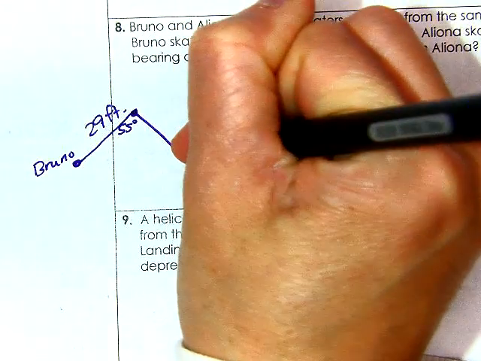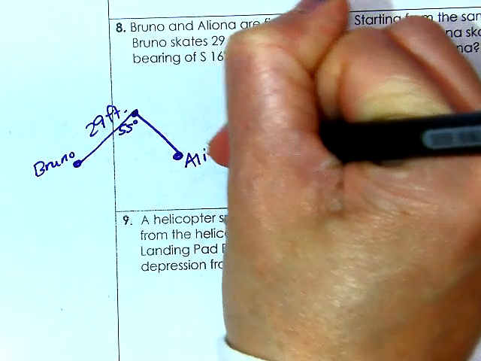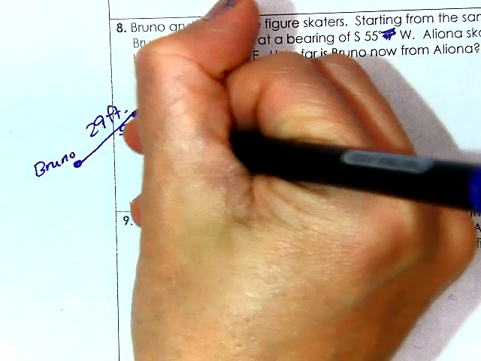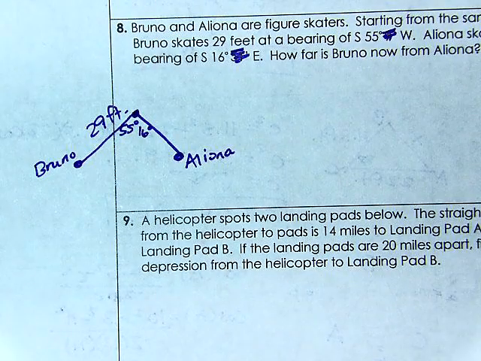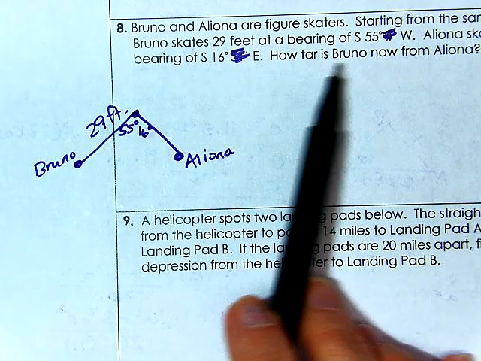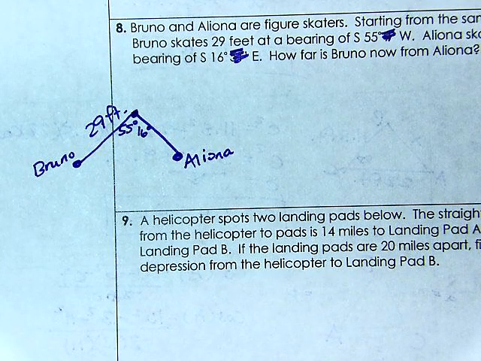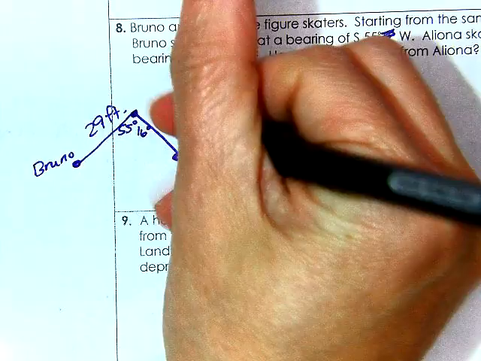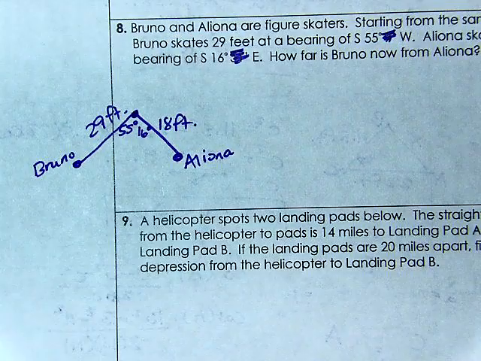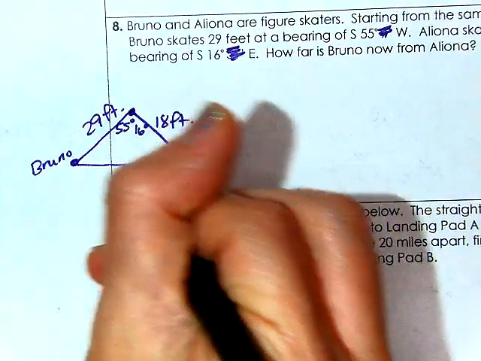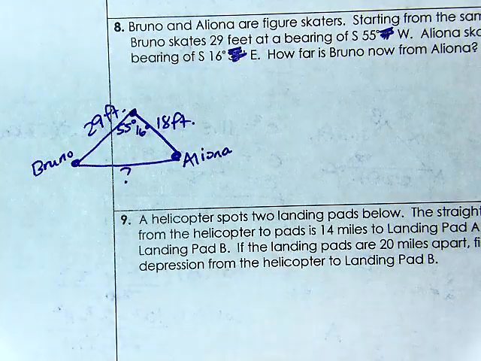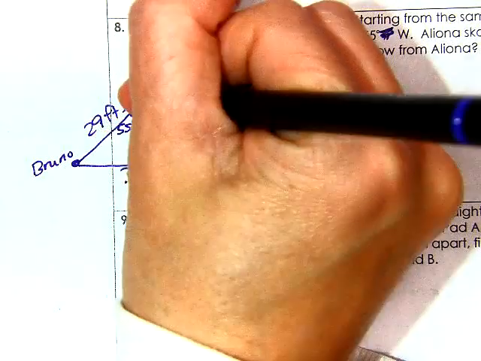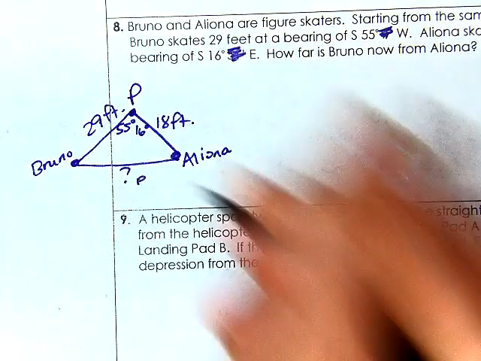So here is Eliana, and she was at 16 degrees. And they want to know how far apart is Bruno from Eliana. Oh, I guess we should also put that she did 18 feet. So what we want is this. And we can go ahead and say that that's point P and side P.